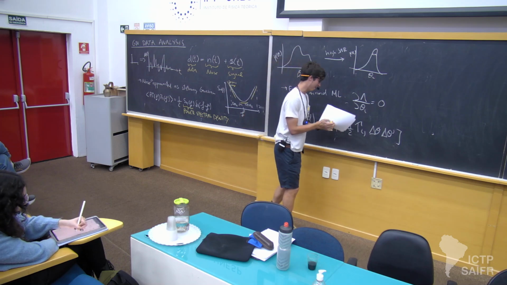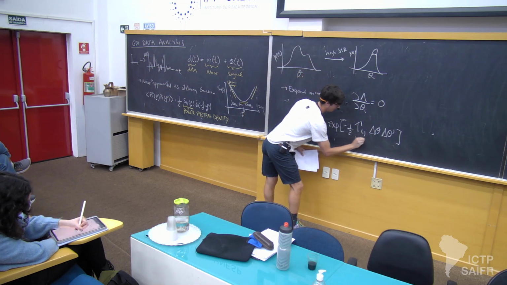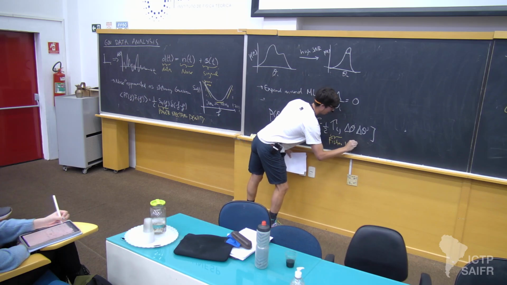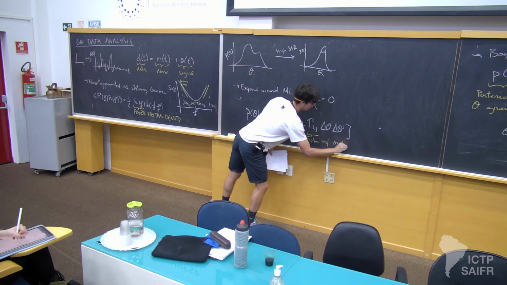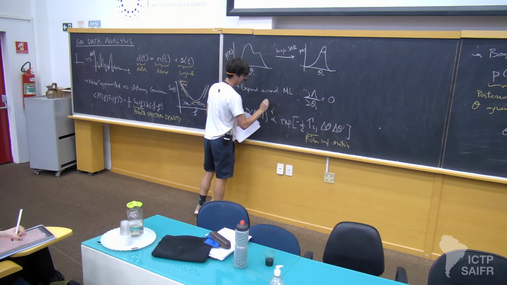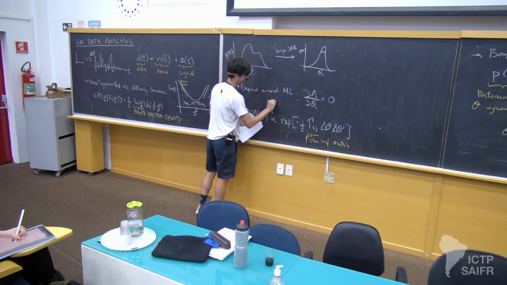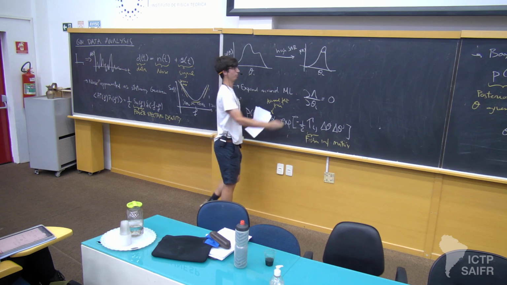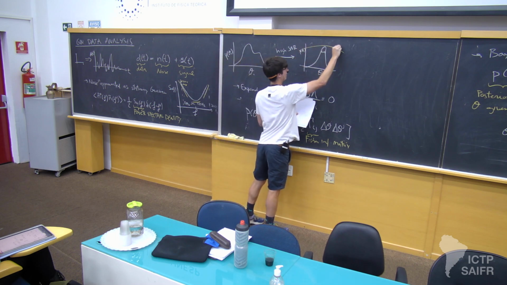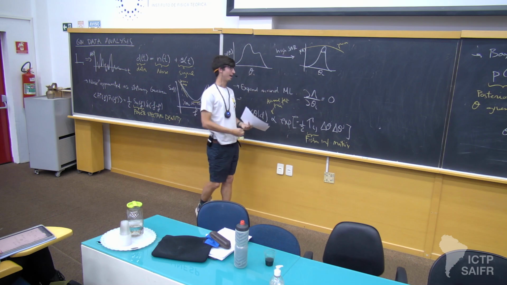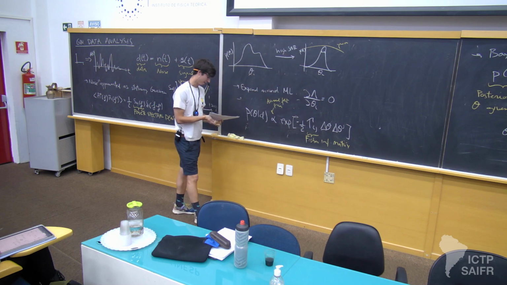This element here is what is known as the Fisher information matrix. And notice here as well that we have assumed a flat prior, but actually in the limit of high signal to noise, typically the prior is very large compared to our observation. So that's fine.